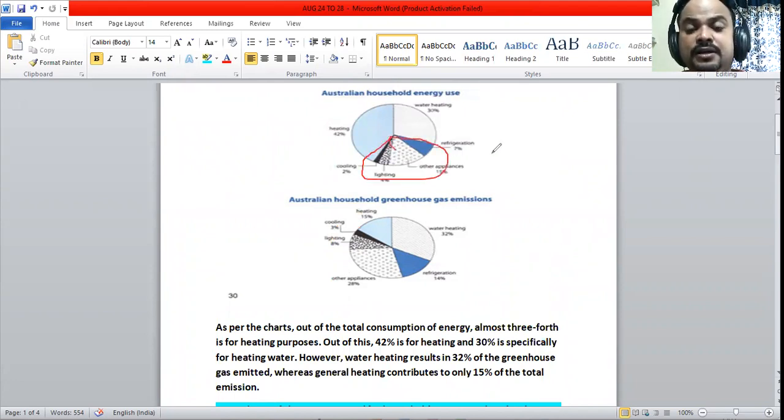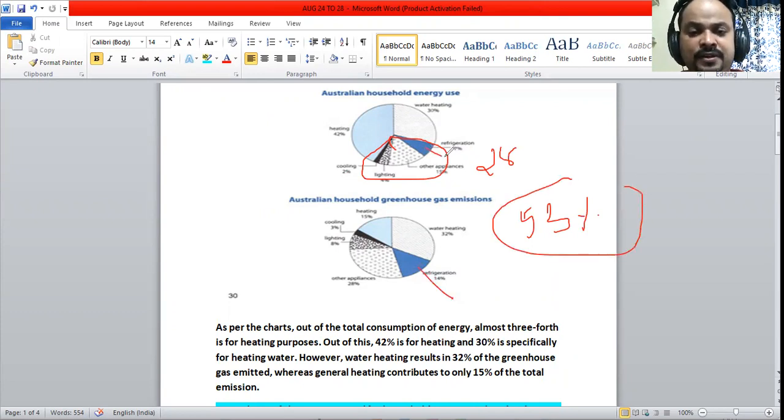This is the energy consumption, 28%. Around 53% is the gas emission. So 28 plus 28, it's around 56%, so it is almost double. Refrigeration is exactly double. Lighting is exactly double. Other appliances is exactly double. Cooling, just 2 goes to 3%.